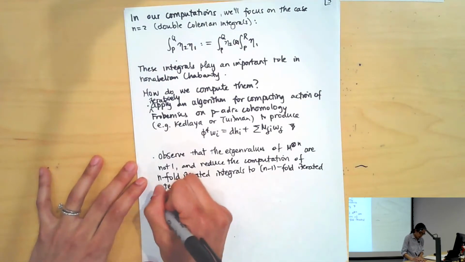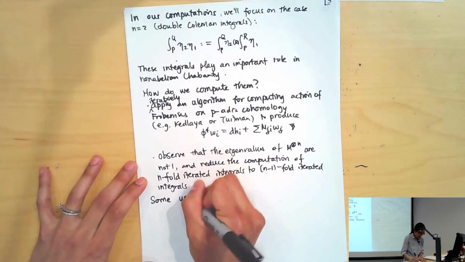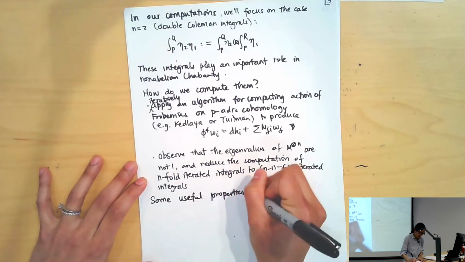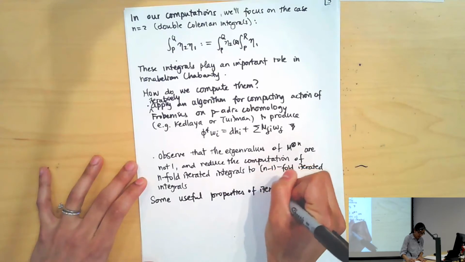So here are some useful properties of iterated Coleman integrals.